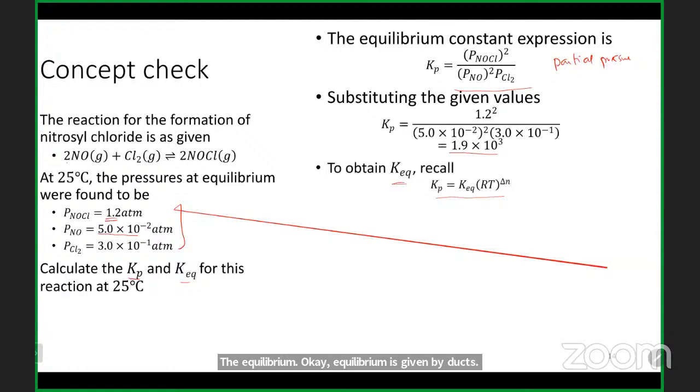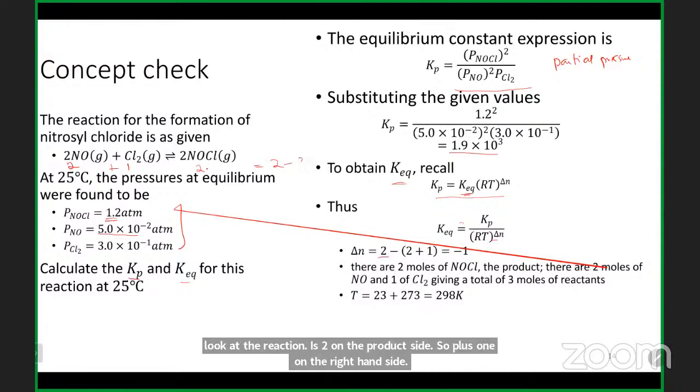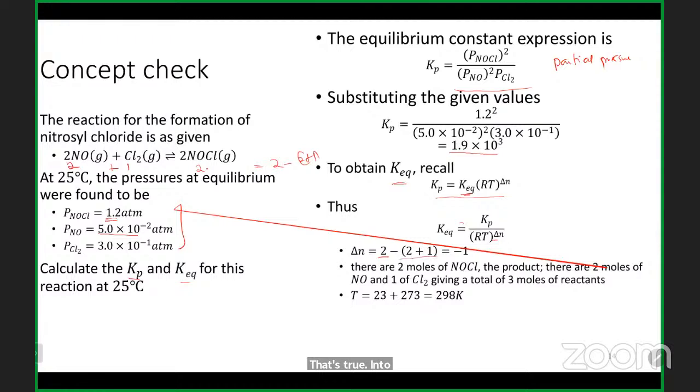And delta N is, because we are trying to look for the equilibrium constant, we make it the subject of the formula. Delta N, let's look at the reaction. There's 2 on the product side, 2 plus 1 on the reactant side. That's 2 minus 2 plus 1, which is what we have here, minus 1.